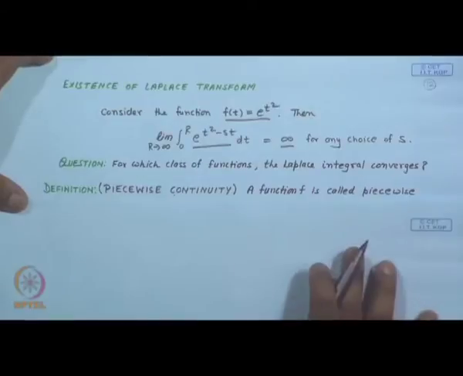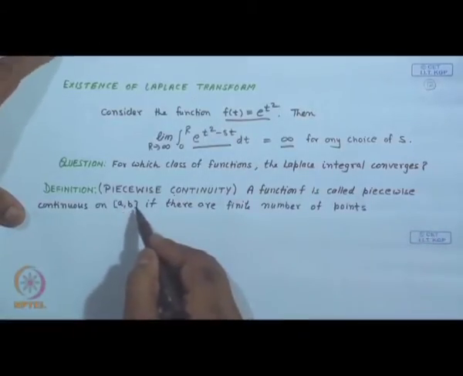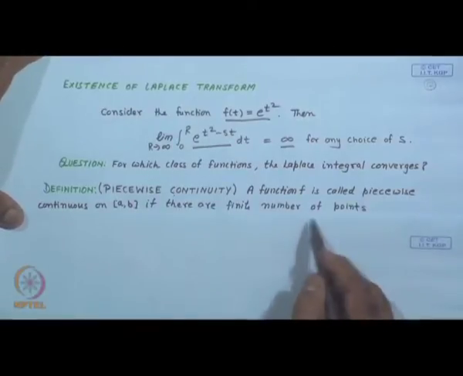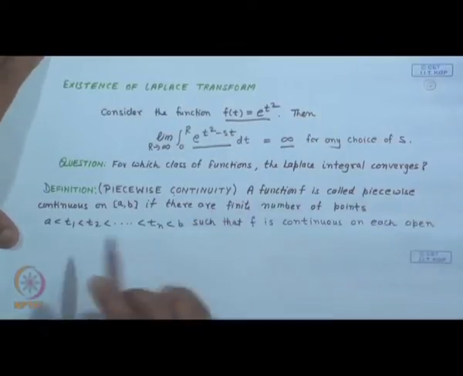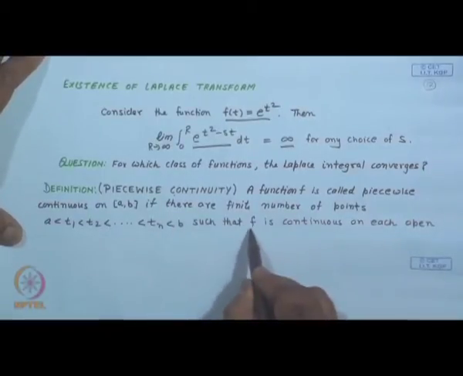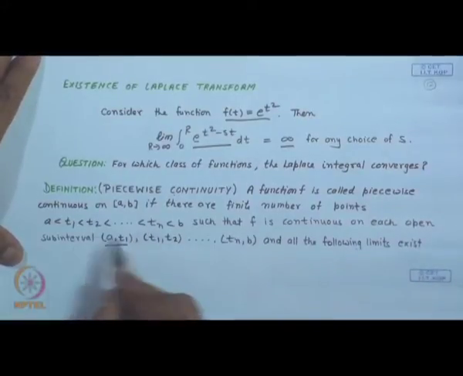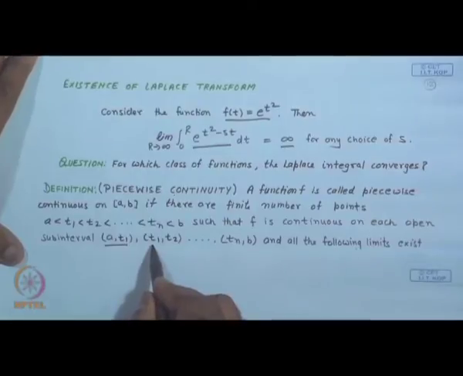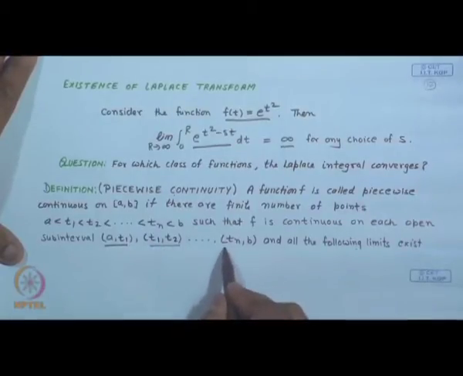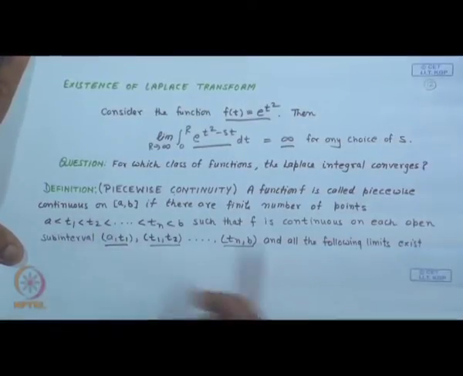So a function f is called piecewise continuous on a closed interval a b if there are a finite number of points t1, t2, tn such that the function is continuous on each open subinterval. So from a to t1 the function is continuous, t1 to t2 it's continuous, tn to b it's continuous. So the function is basically continuous everywhere other than these points t1, t2, tn.